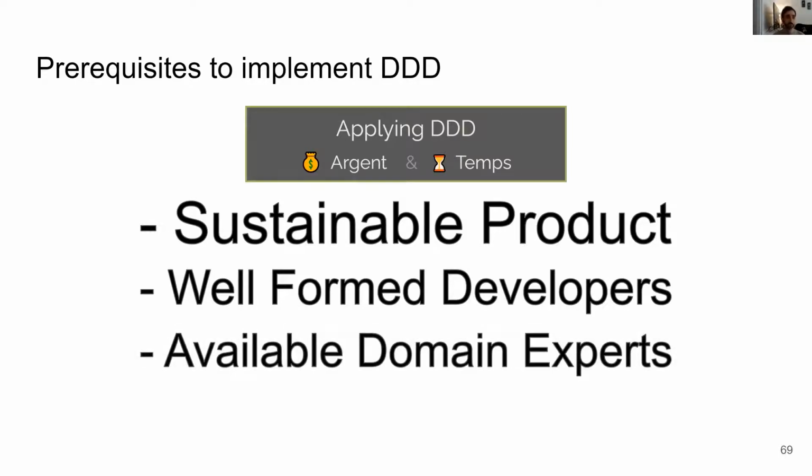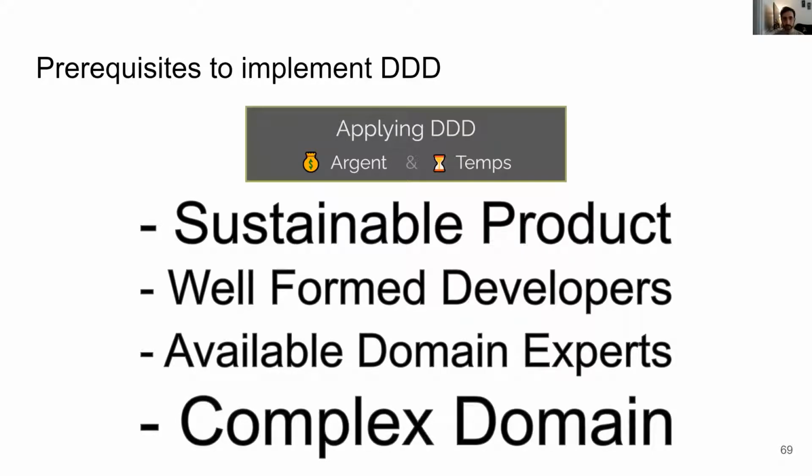You should also have available domain experts. If you don't have available domain experts, you can't ask the questions, and so you can't have a good solution for the domain problems. And at the end, you need a complex domain. Again, if you have, for example, a CRUD system, DDD will not fit at all.